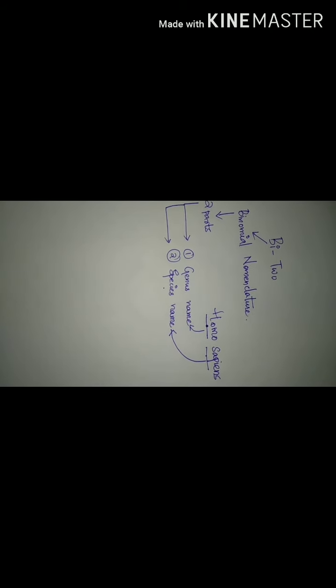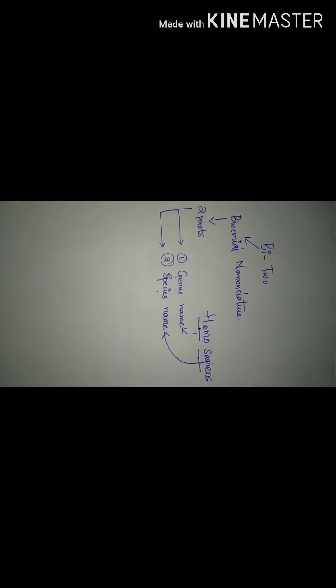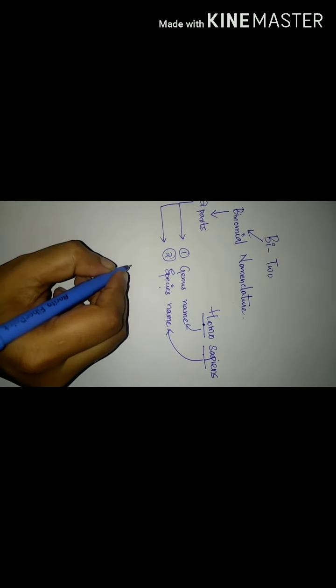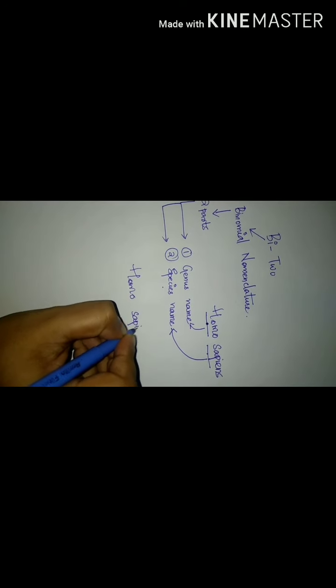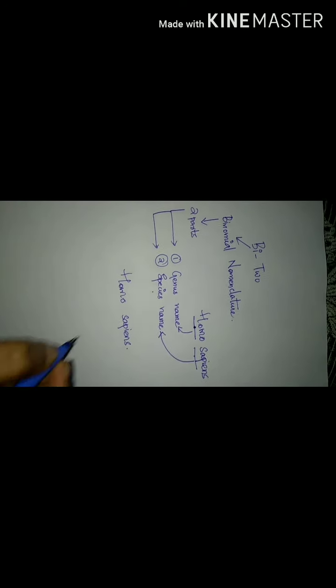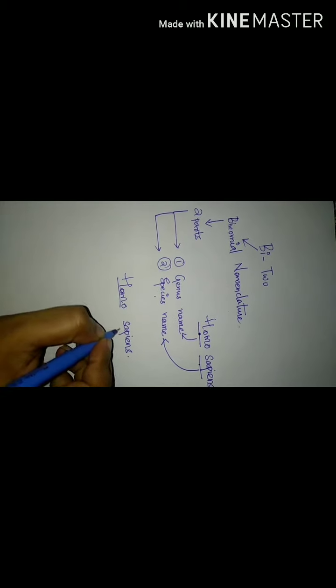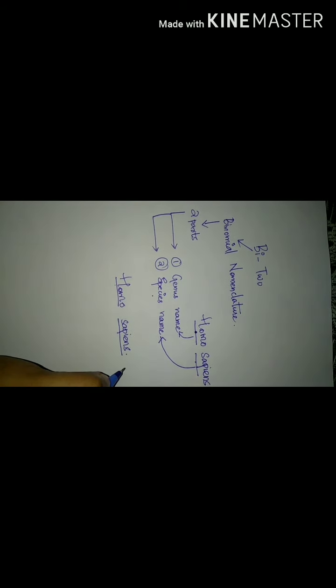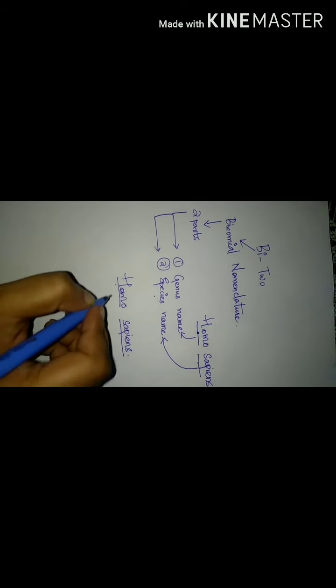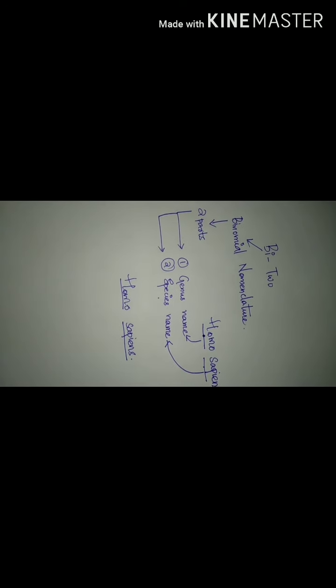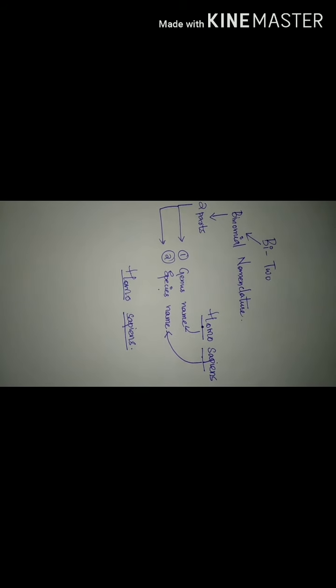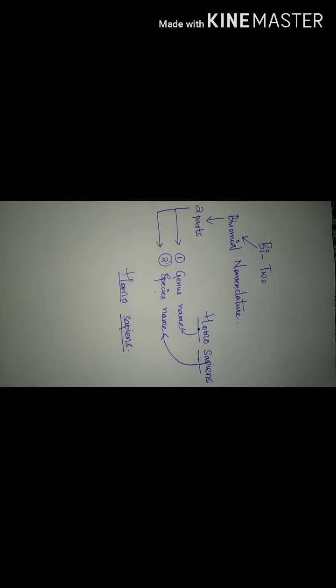Or if we are writing in our own handwriting, we need to write these names like Homo sapiens. We have to underline these two parts. If we are writing with our handwriting, we have to underline these two parts. This is how it is completed. Otherwise, we can't consider this a proper binomial name.